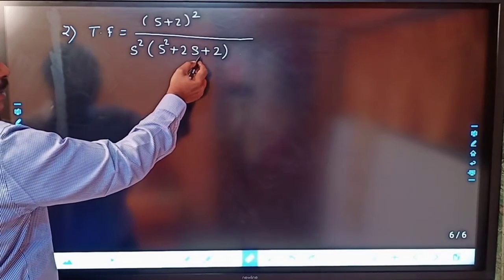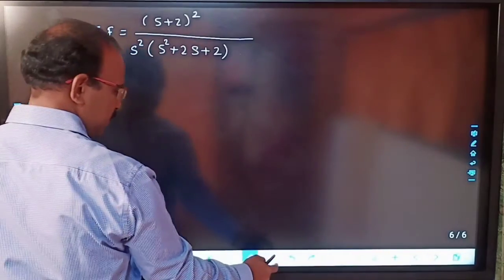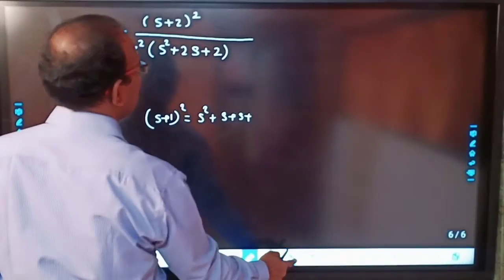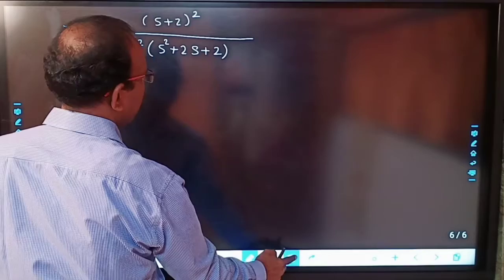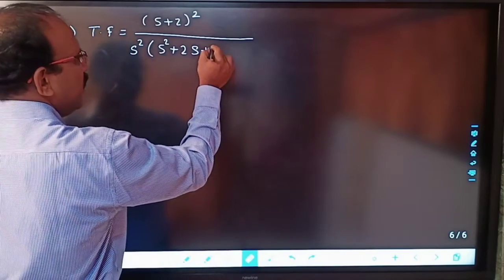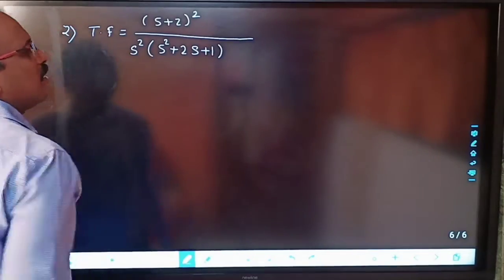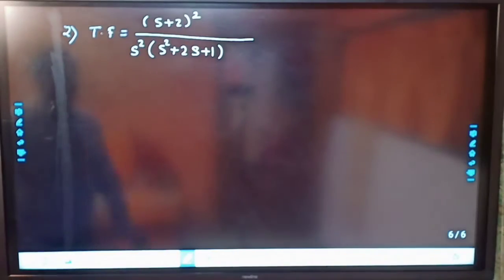This is not a complete square, so I consider 1 here so that I can make a complete square. How can I write this?